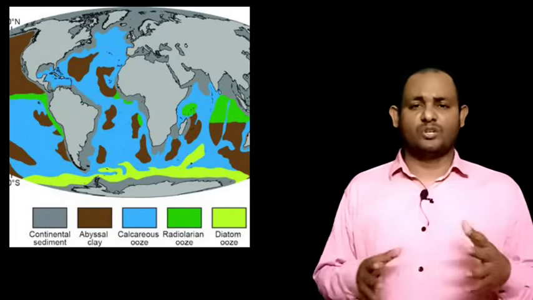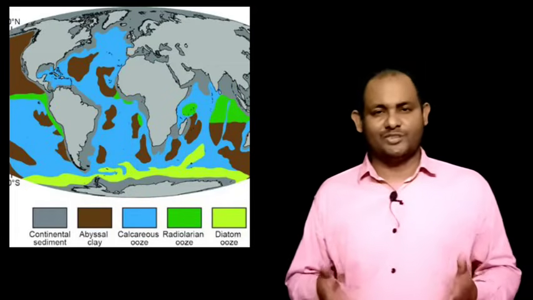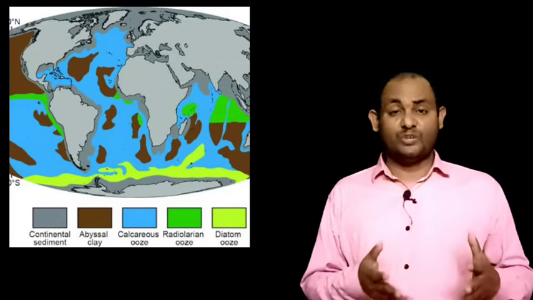This way the cosmogenous sediments are called space dust, which regularly falls down on the earth's surface, both on the land and the ocean. Cosmogenous sediments comprise microscopic debris of material also.